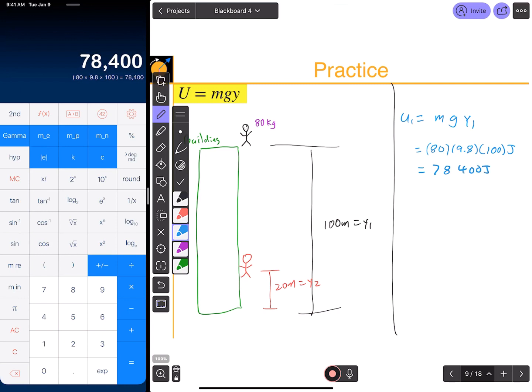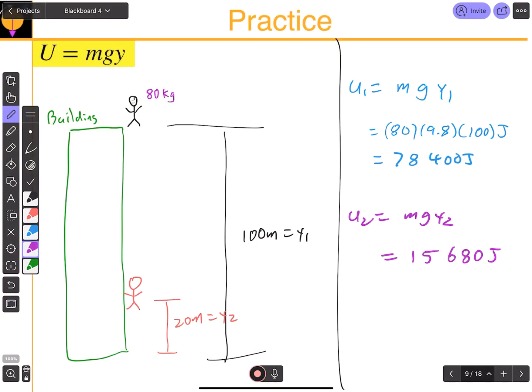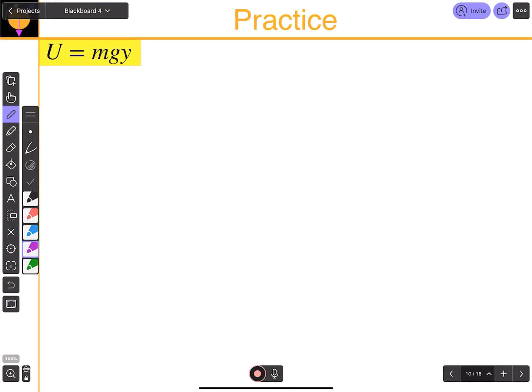If I do the same thing for y2, mg y2, instead of times 100, it'll be times 20, and that gives me an answer of 15,680 joules. Nice, simple example.